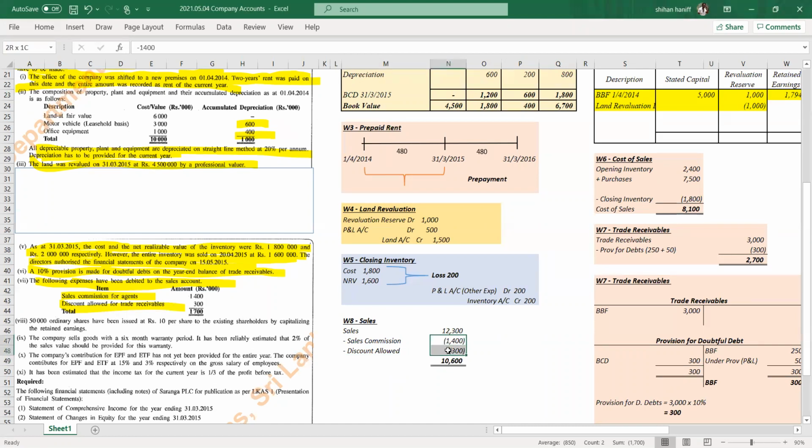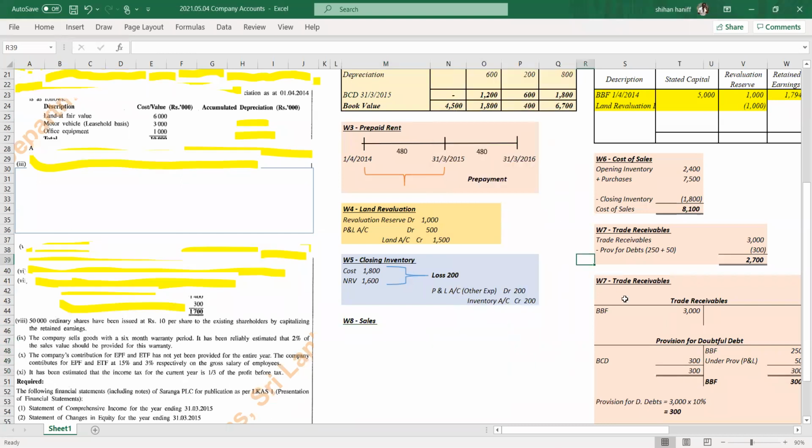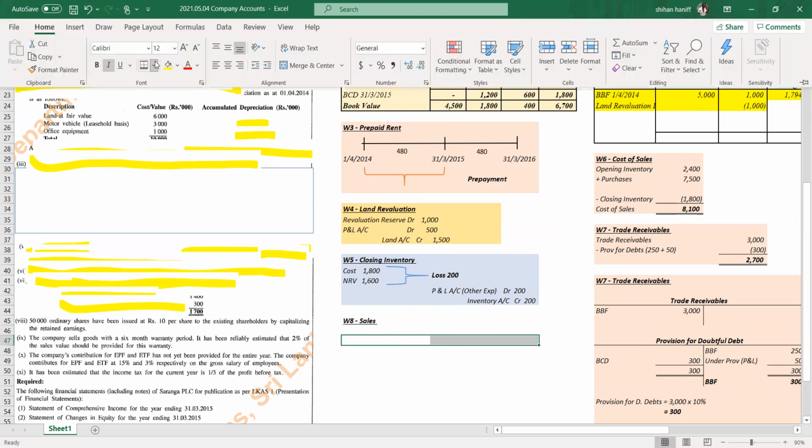Sorry, plus or minus. Let me draw the ledger account. Sales account.